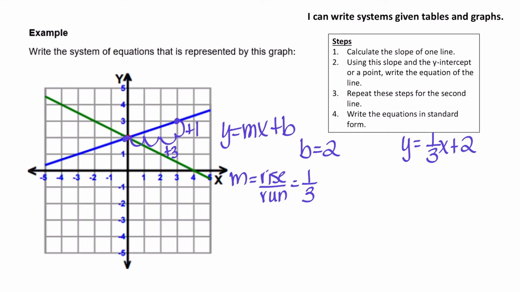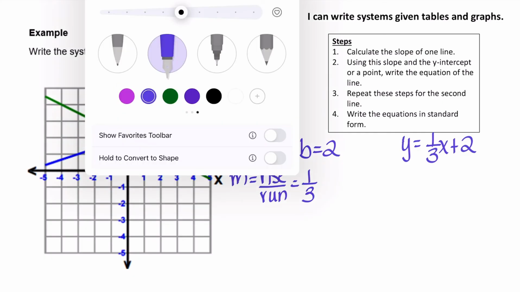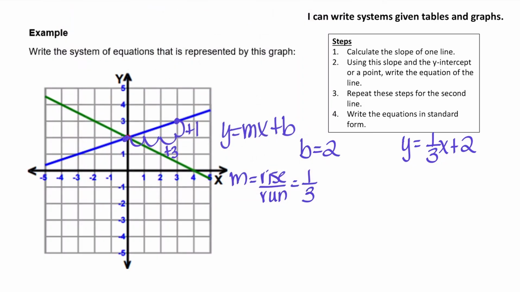So now let's write the equation of the second line, the one that's in green. So when we write the equation of this line, we're going to once again figure out the y-intercept. So the y-intercept is at 2. So for y equals mx plus b, b is going to equal 2. And then my slope, I'm going to determine using this second point right here. So as I go left to right, I go down 1, which is minus 1. And I go right 1, 2, so that's plus 2.